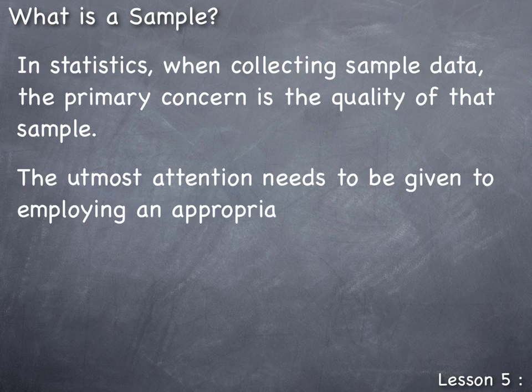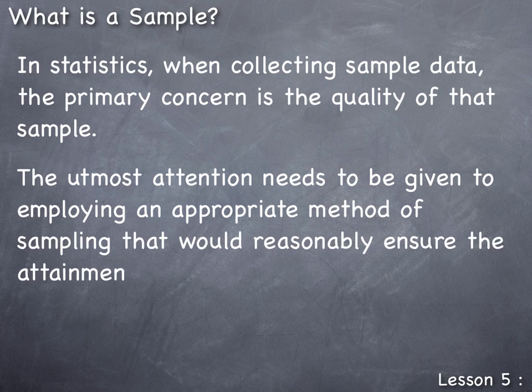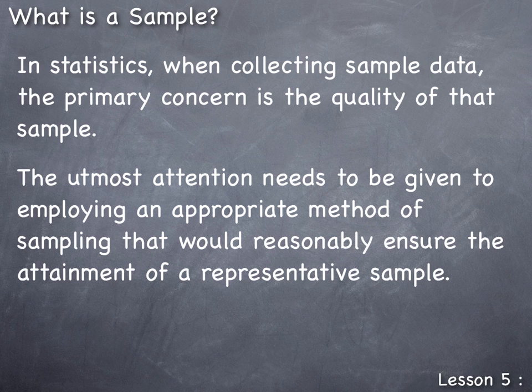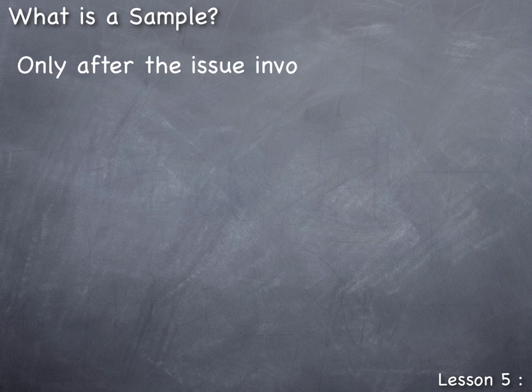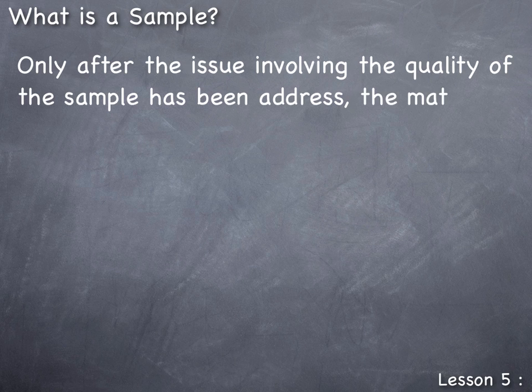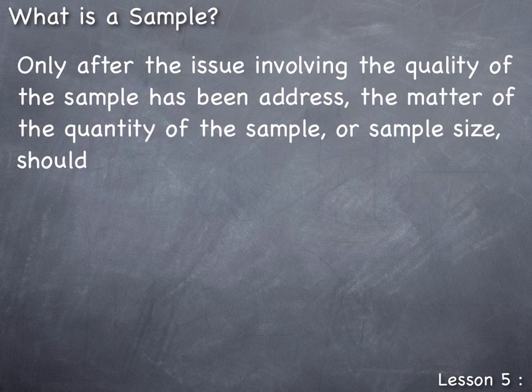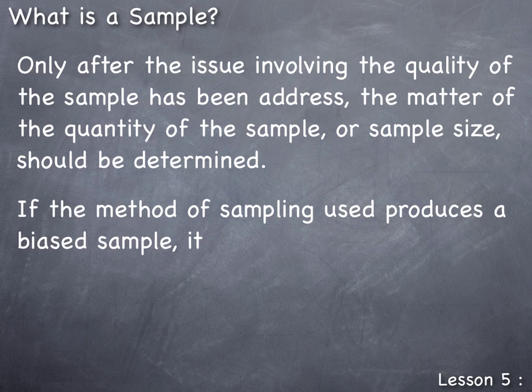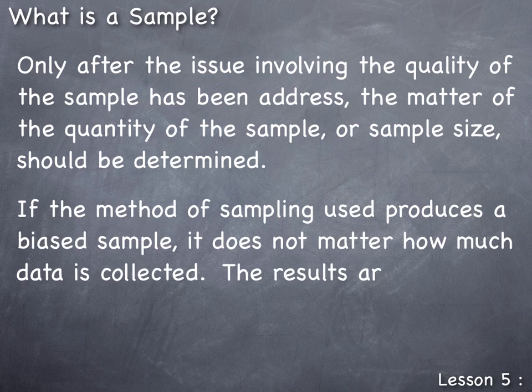The utmost attention needs to be given to employing an appropriate method of sampling that would reasonably ensure the attainment of a representative sample. Only after the issue involving the quality of the sample has been addressed, the matter of quantity of the sample, or sample size, should be determined. If the method of sampling used produces a biased sample, it does not matter how much data is collected. The results are not valid.